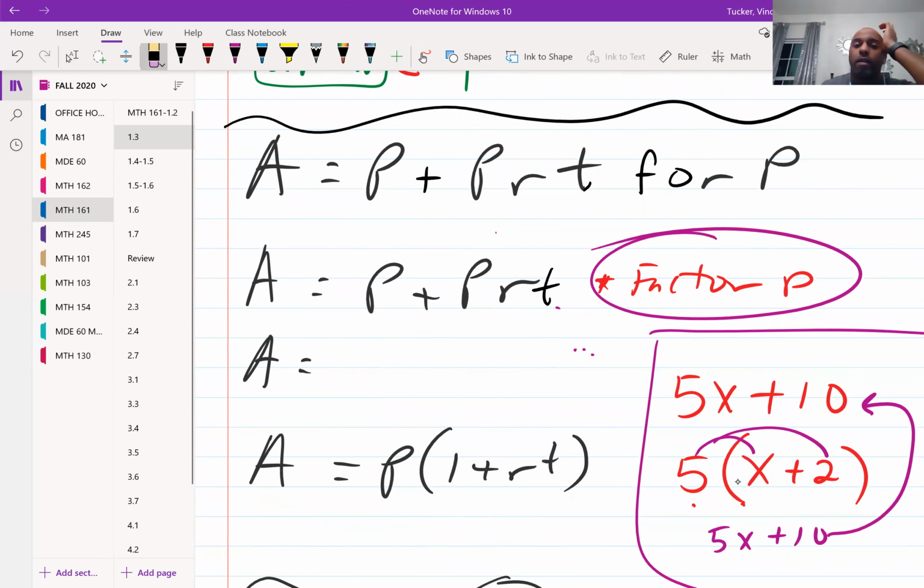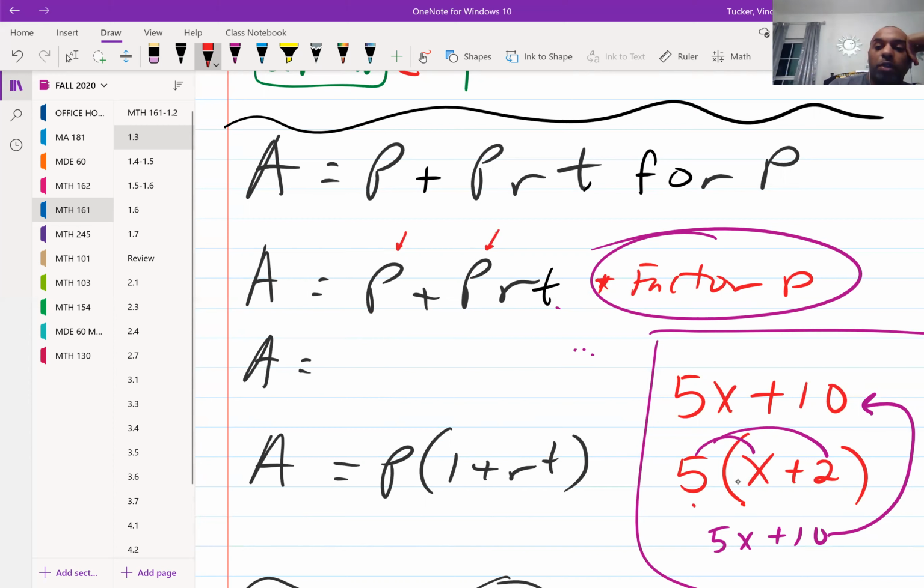All right, so we have A equal to P plus PRT, and we want to solve for P. So we notice that we have P in two different terms. So whenever you have P in more than one place, or the variable that you're solving for in more than one place, your goal should be to get it to be a single term so that you can solve for that single variable.